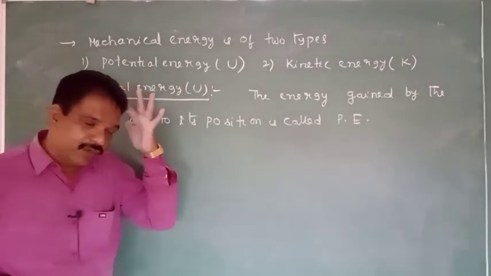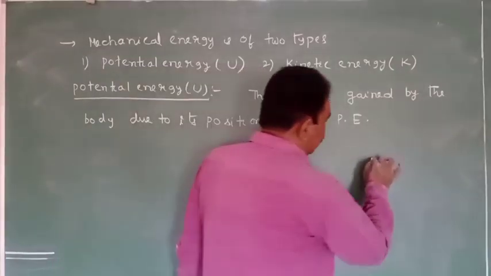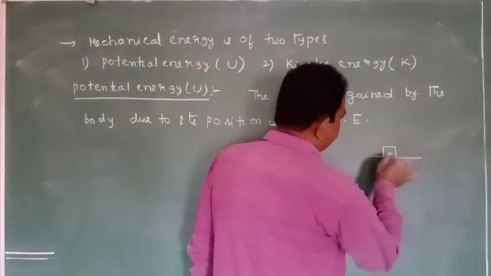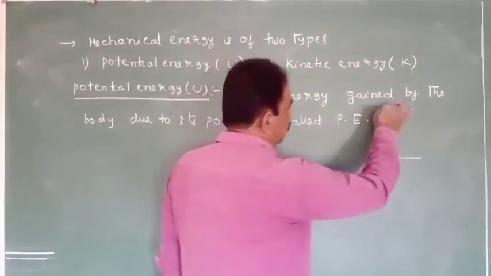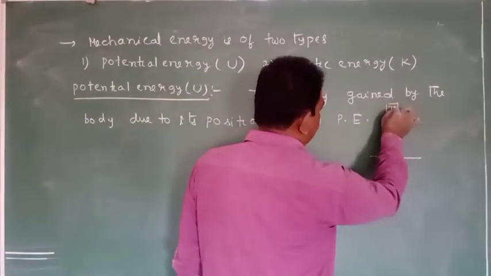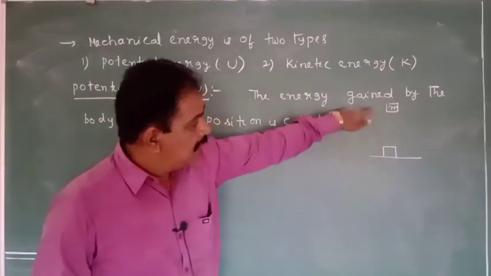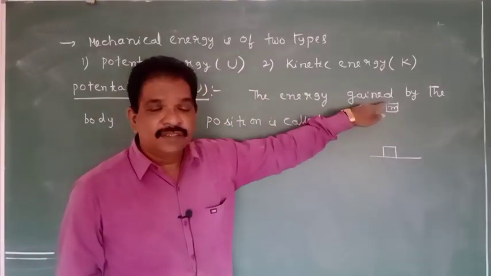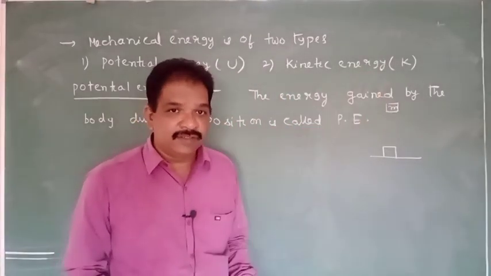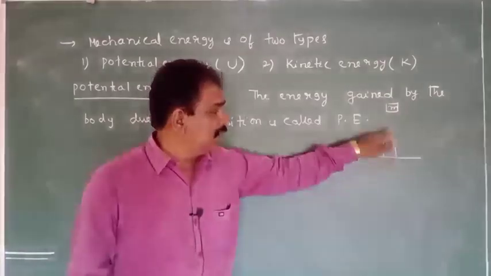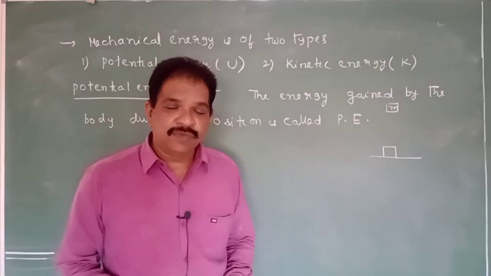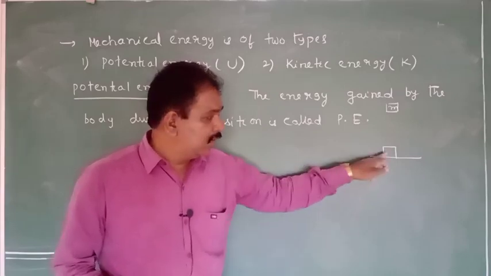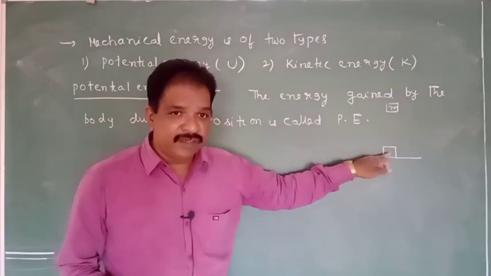For example, one stone is there on the ground. It is not having any energy. We lifted that stone to some height. Then at this position, this stone will have energy. If any man is there here, if we drop that stone on the man's head, his head will be broken.